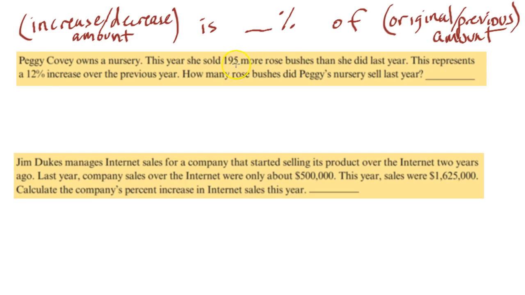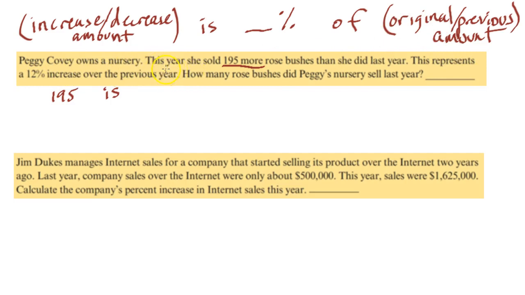So there is the increase amount, 195 more. And then is blank percent of the previous amount. So this represents a 12% increase over the previous year.